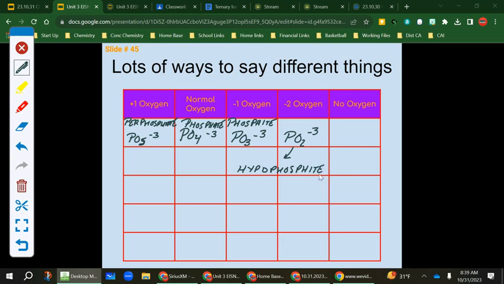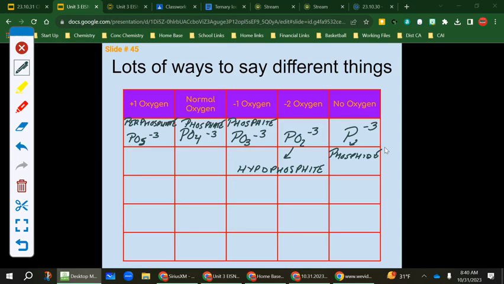Hypophosphite. By the way, what's the formula if there's no oxygens? What's its charge? -3. What would the name be? Phosphide. It's going back to writing a binary one.